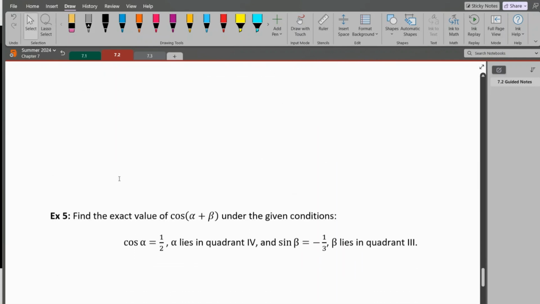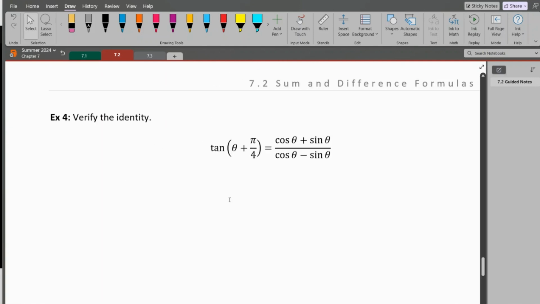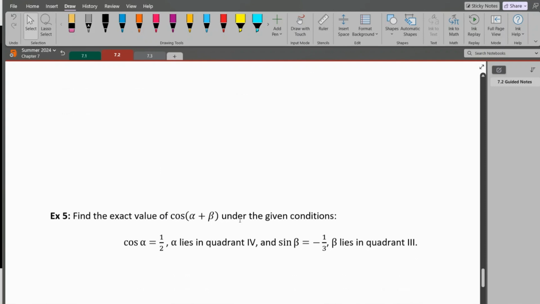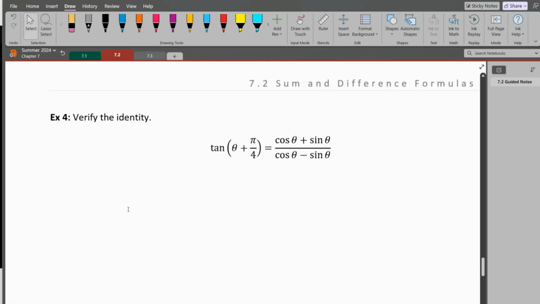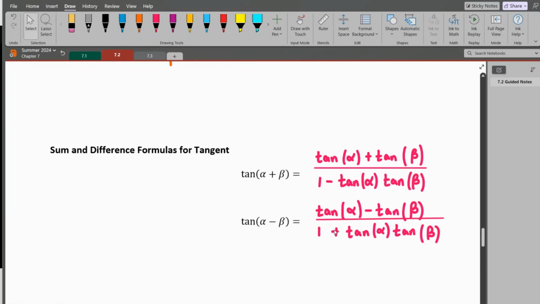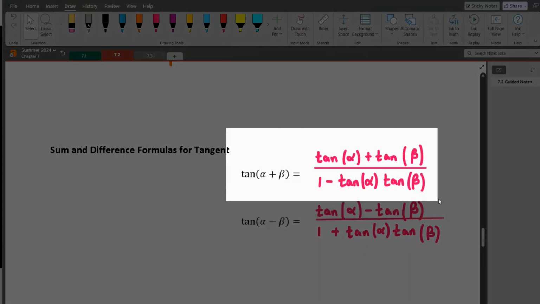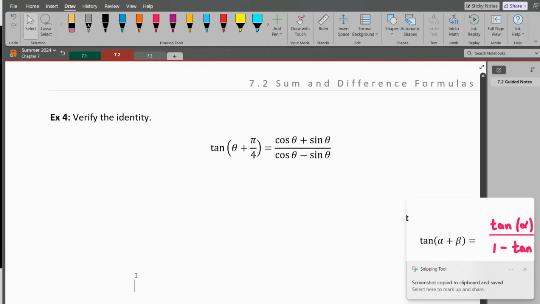All right, so now we're going to do two more types of questions. We're going to do one more identity, and then we'll look at this new type of question down here. Notice that we have a sum inside of tangent here, so that should look a lot like this formula right here, which I'll copy and bring down.